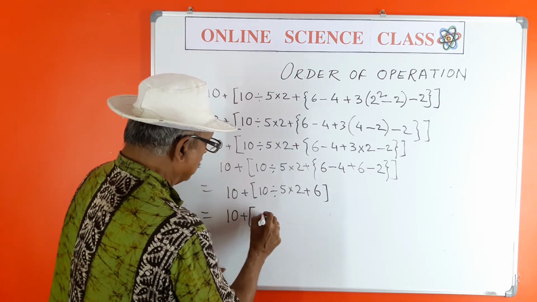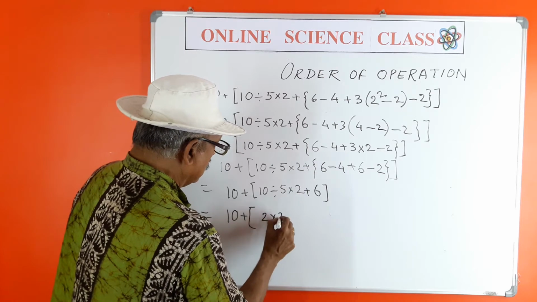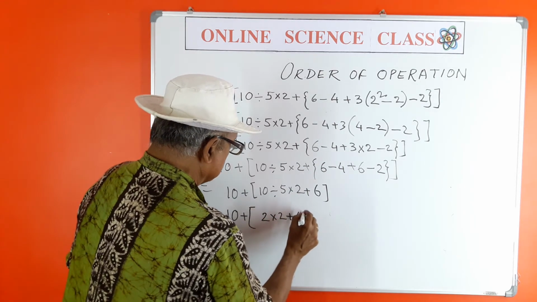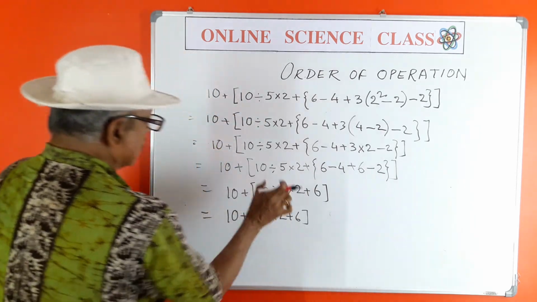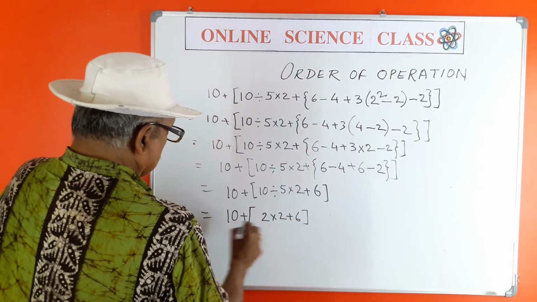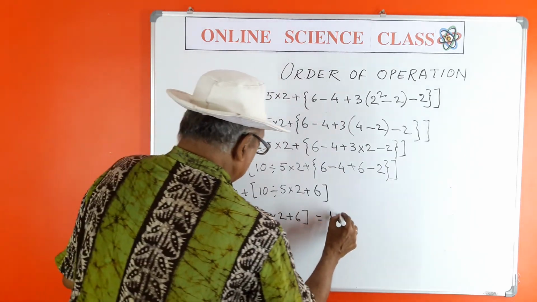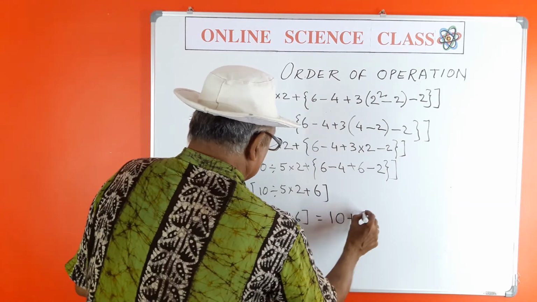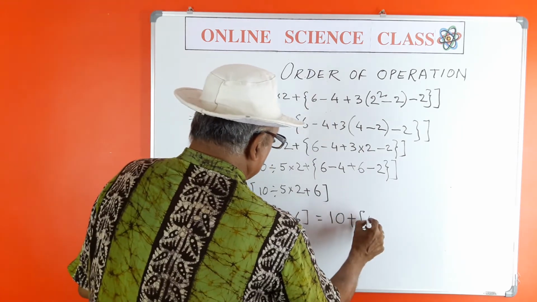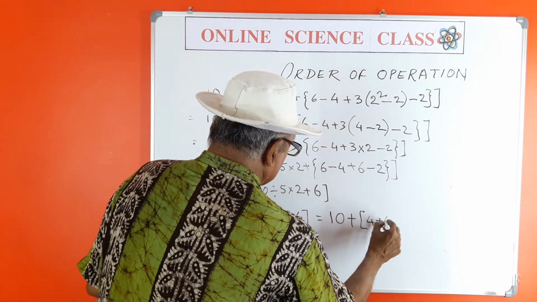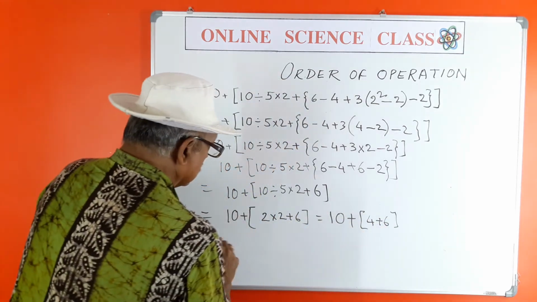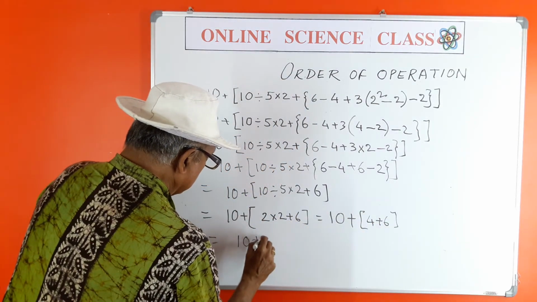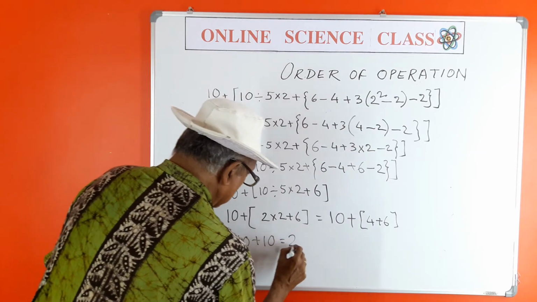So 10 divided by 5 equals 2, into 2 plus 6. This one is first. So 10 plus 2 into 2, 4 plus 6. So 10 plus 10 equals 20.